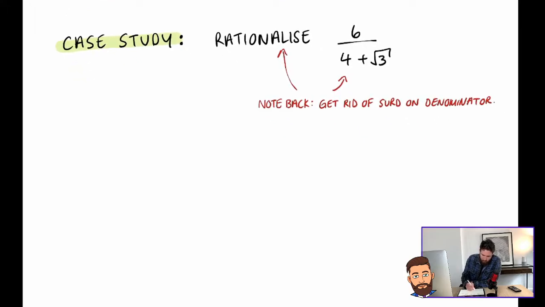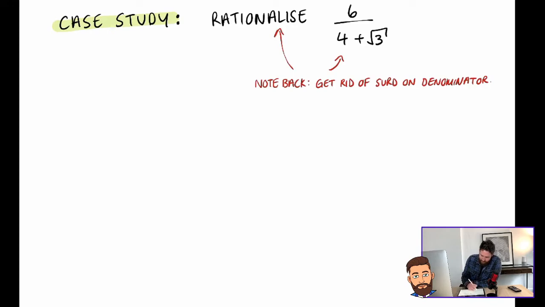So what we're going to do, and you can start writing this now. You're free to write this. We're going to take the surd, which is 6 over 4 plus root 3. And we're going to times it by exactly the same as what's on the bottom, but we're going to change the sign. So we're going to times it by 4 minus root 3.